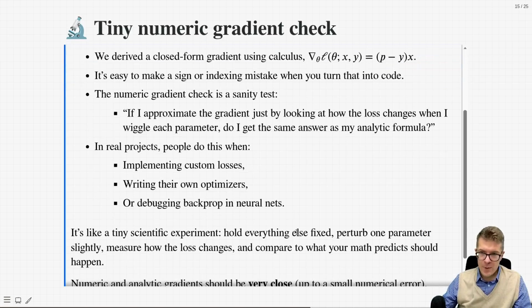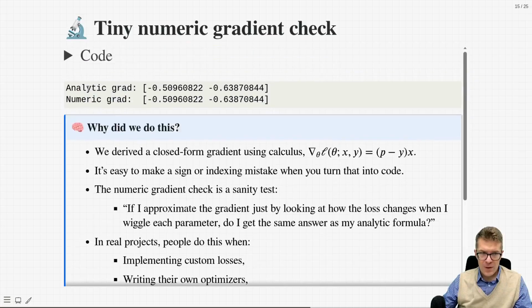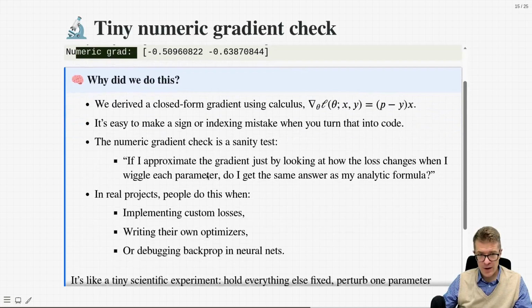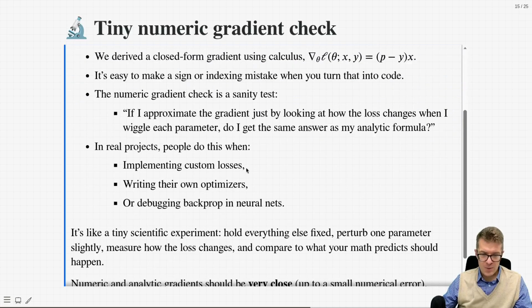This is something we actually do in practice. Sometimes we have the fully derived math in closed form for the gradient, sometimes we might not. Either way, sometimes you want to confirm that your theoretical gradient and your empirical or numeric gradient are as close as possible or identical.